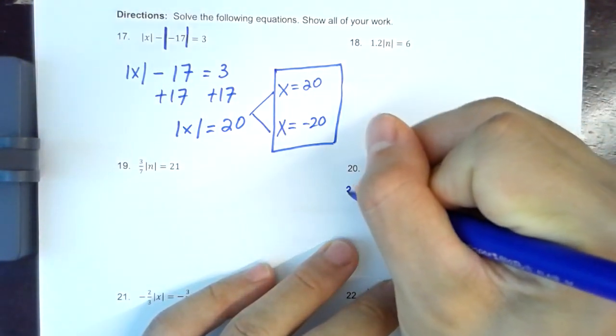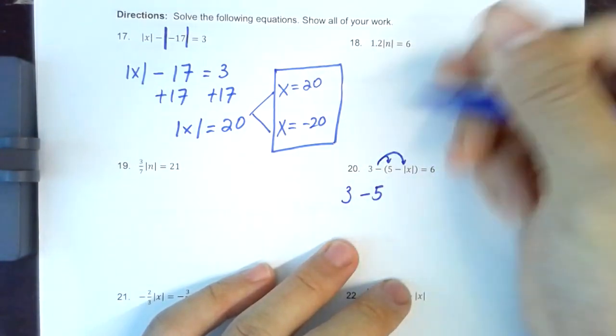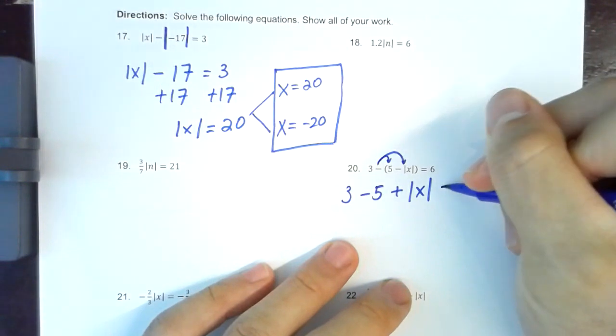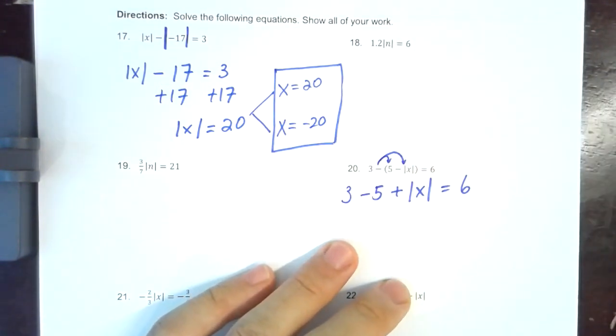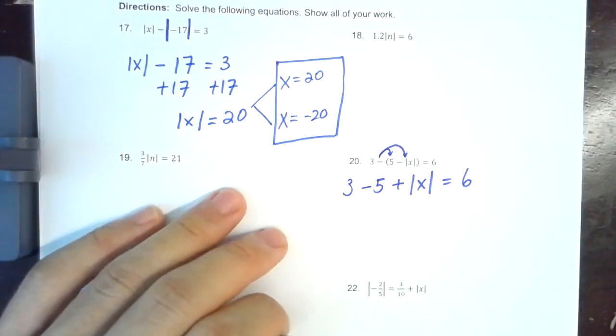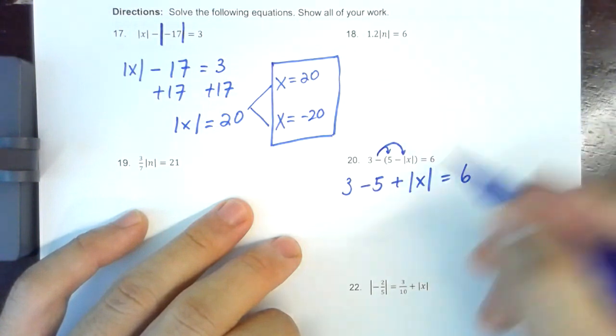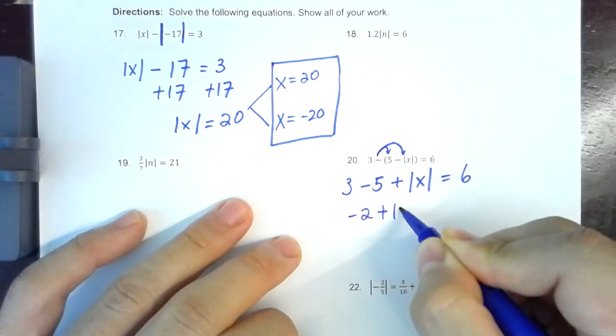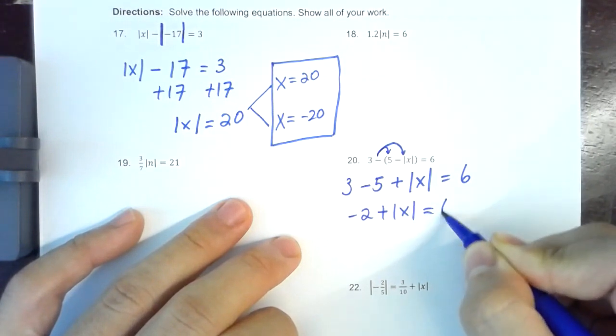So this becomes 3 minus 5 plus the absolute value of x is equal to 6. That looks kind of tricky, kind of intense, but I think the moral of the story is if you just follow the rules that we've always been using, this will be okay as well, right?